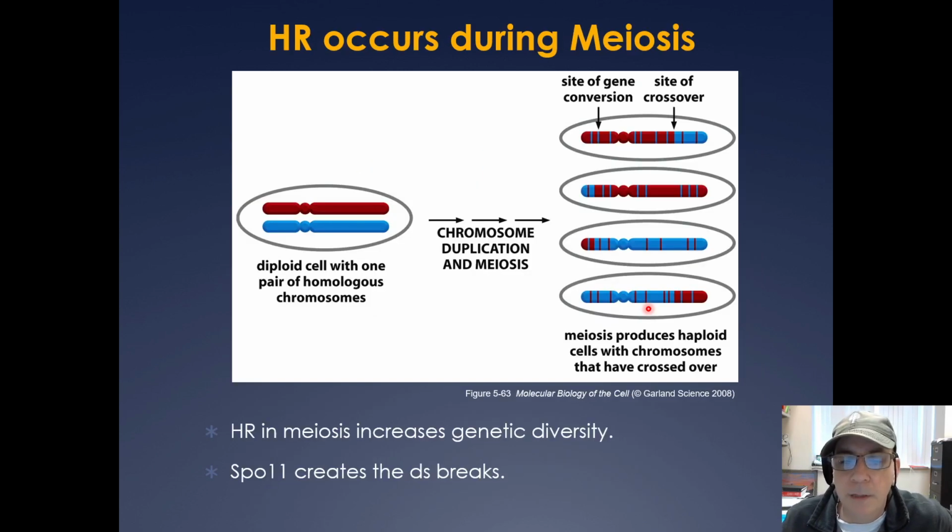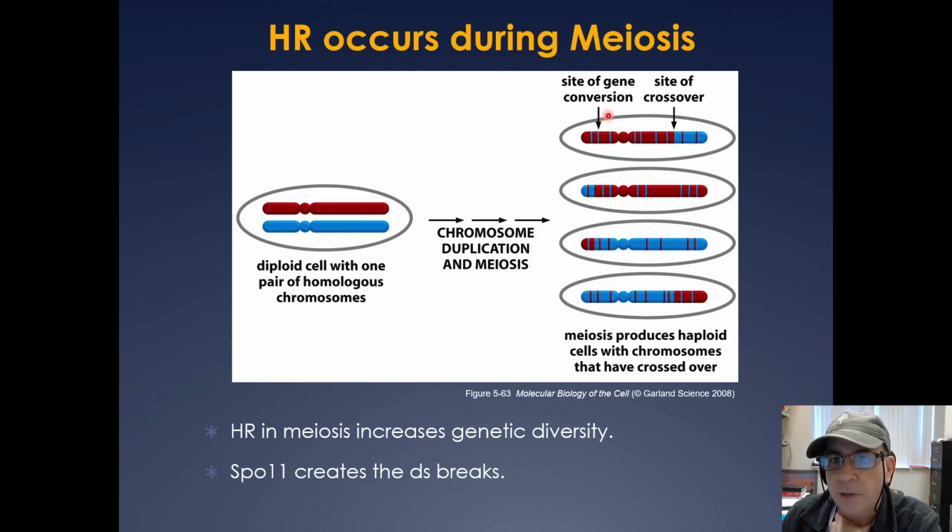Now, homologous recombination is a regulated event that occurs during meiosis. This is pretty cool because it allows all of you to have DNA from both your grandparents on one chromosome. The way it works is when you have a diploid cell, when the germ cells are produced, there's a replication event, and then they undergo meiosis.